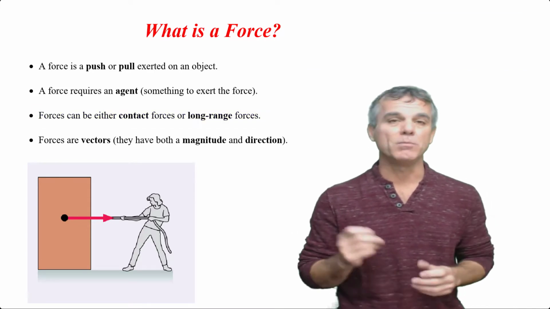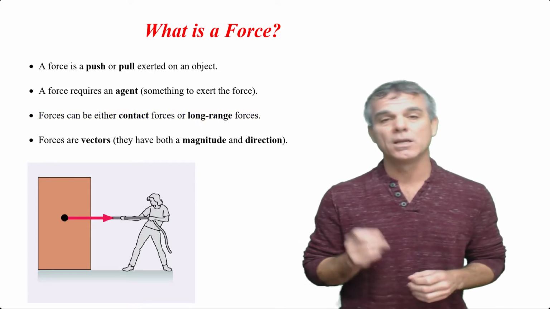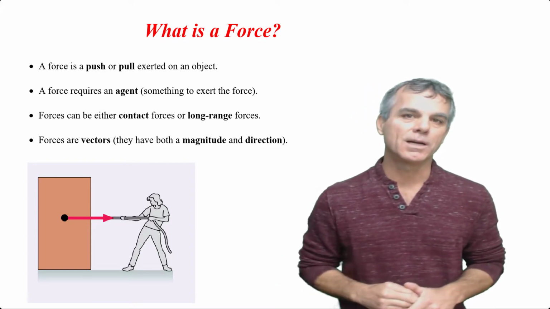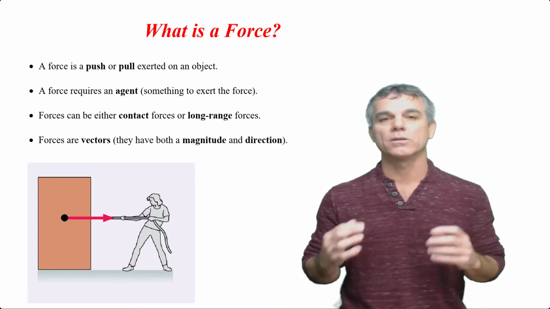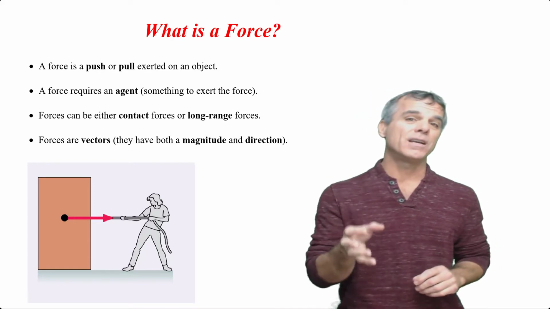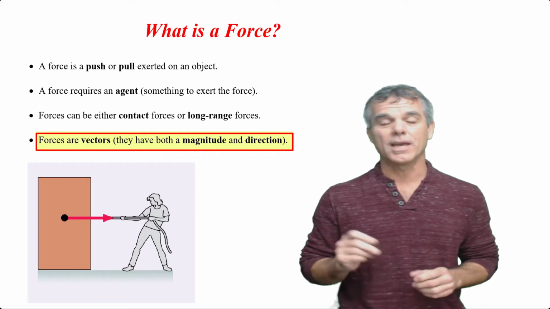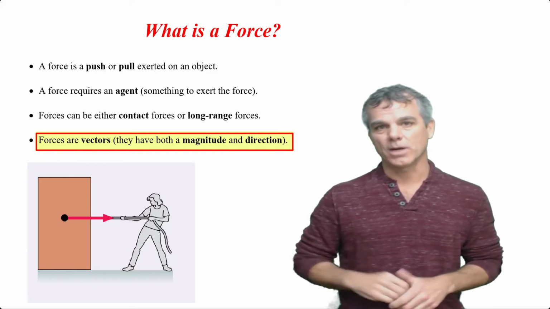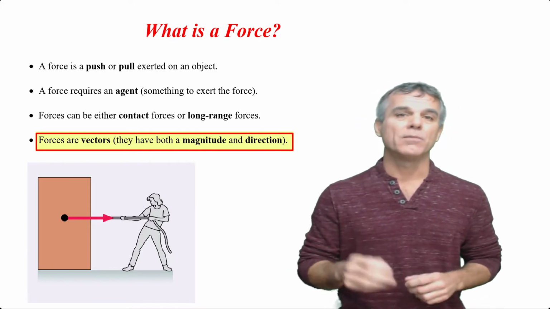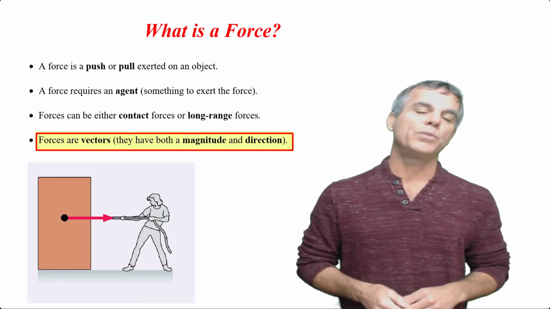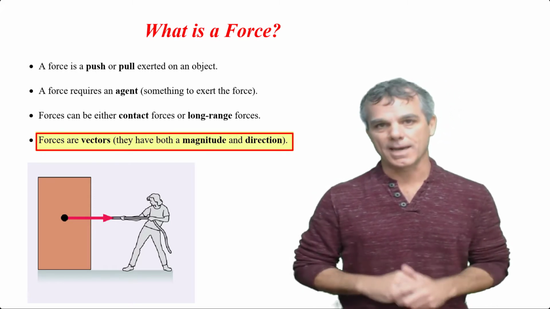Another example might be me picking up a piece of iron using a magnet. The magnet does not have to be in physical contact with the piece of iron to exert a force on it. And then finally, forces are vectors. And just like any vector, they have both a magnitude and a direction. For a force, the magnitude is just the strength of the force in newtons, and then the direction will be the direction that that force is acting.